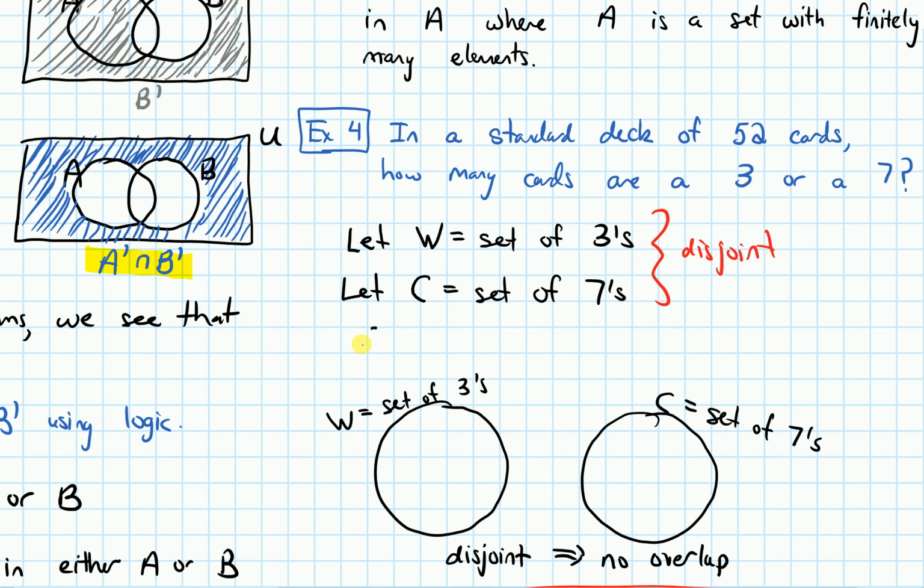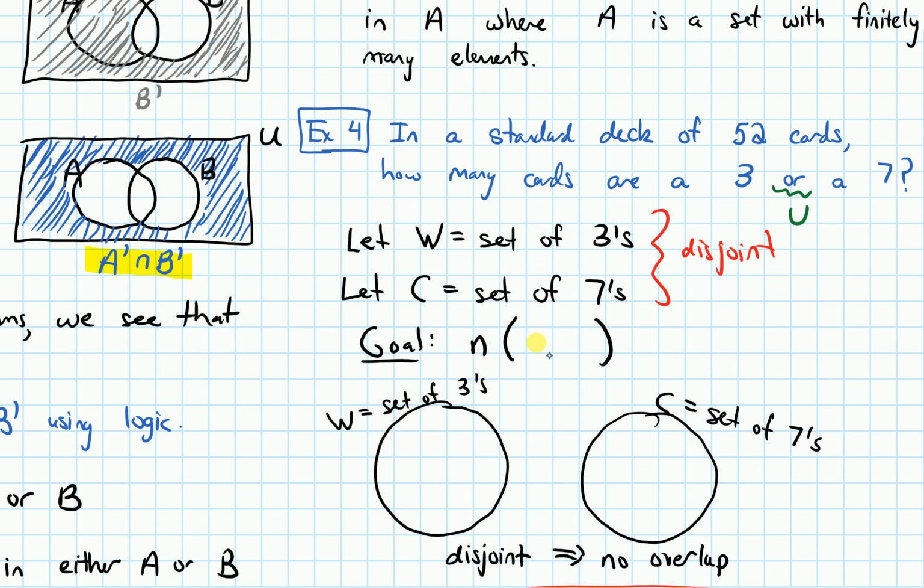So our goal in this question is we want to count the number of cards in a certain set. So I'm going to use my notation, n of something. And our goal is to count the number of cards in, because it says the number of cards that are a 3 or a 7. Seeing the word or makes me think of union.